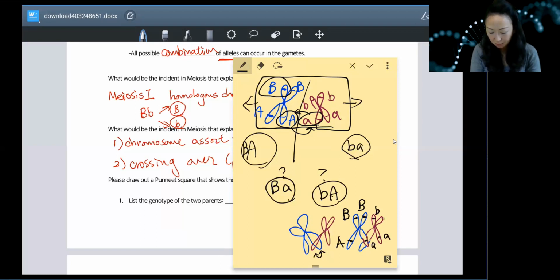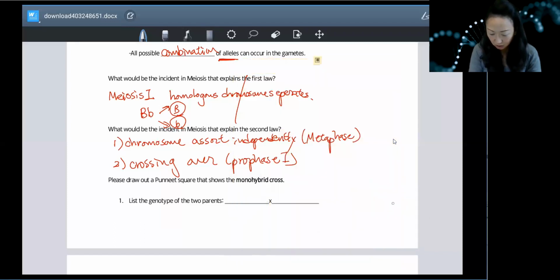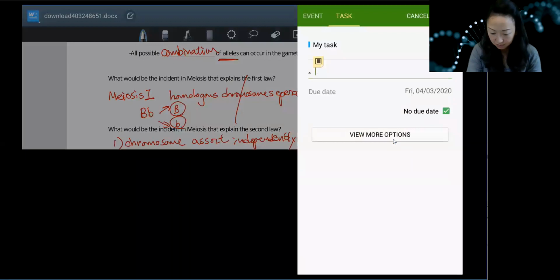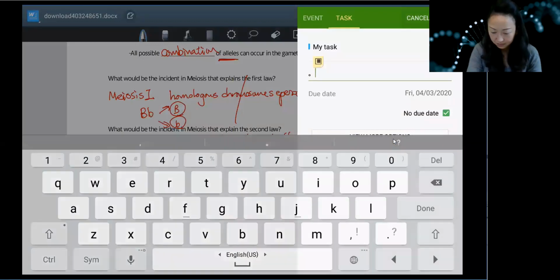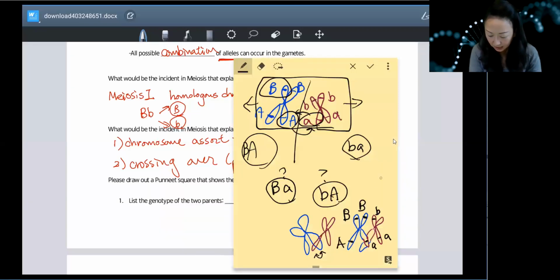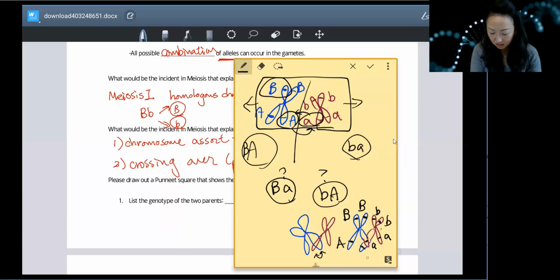But this particular one will be small b with this blue, which is what? Big A. Okay.